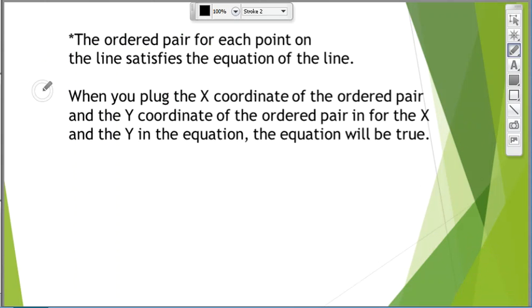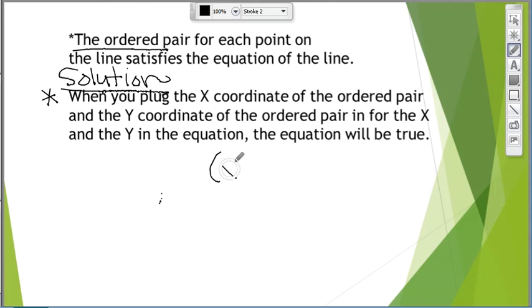So what that means, and this is going to go under solution on your notes, is that when you plug the x coordinate and the y coordinate of the ordered pair in for the x and the y in the equation, the equation will be true. So that means that the ordered pair provides a solution for the equation.